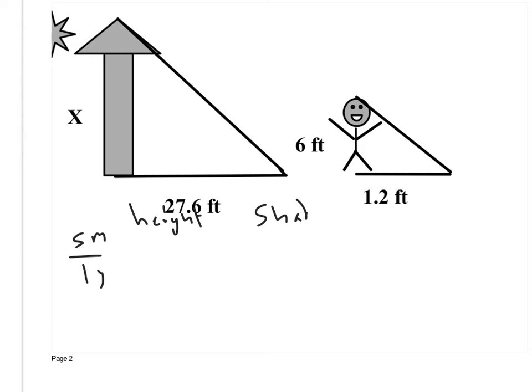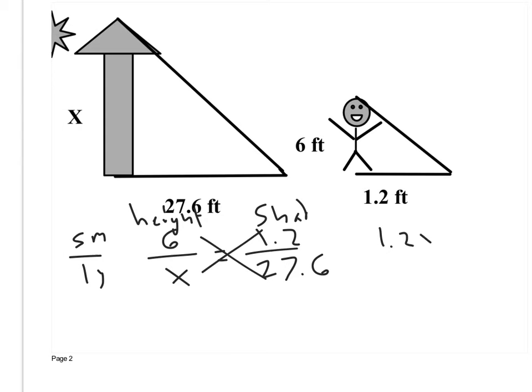What's the height of the person, the torus? 6 feet. And the height of the bell tower? X. What's the length of the shadow for the small person? 1.2. Okay, and what is the length of the shadow for the large or the bell tower? 27.6. Cross multiply. 1.2x is equal to 6 times 27.6, which is 165.6.